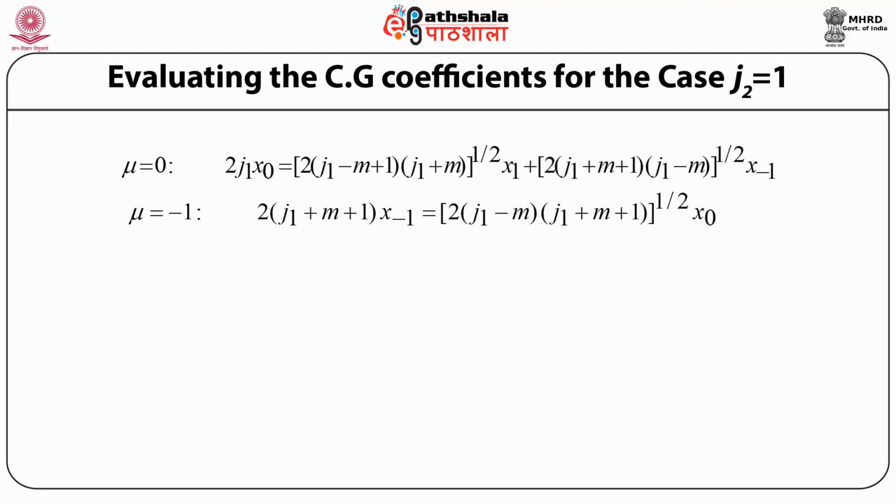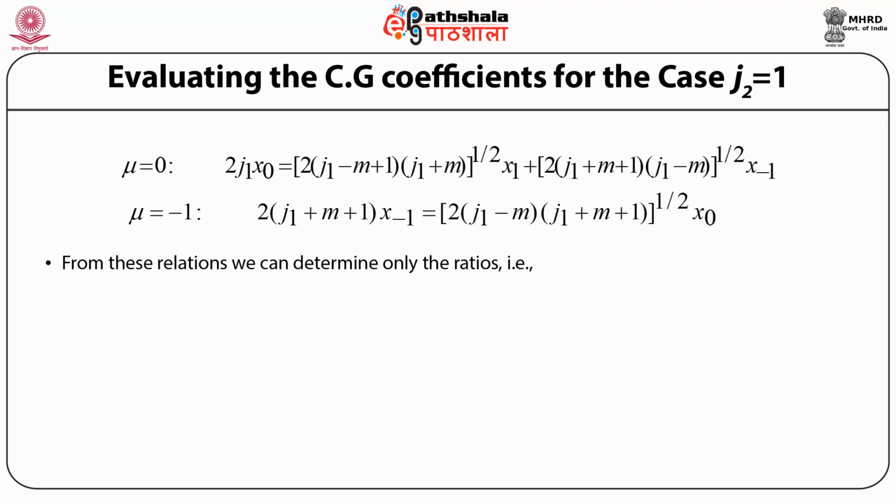Mu equals 0: in this case, 2j1 x0 equals 2 into (j1 minus m plus 1) into (j1 plus m) to the power half x1 plus 2 into (j1 plus m plus 1) into (j1 minus m) to the power half x minus 1. In case of mu minus 1, 2 into (j1 plus m plus 1) into x minus 1 equals 2 into (j1 minus m) into (j1 plus m plus 1) to the power 1 by 2 into x0.